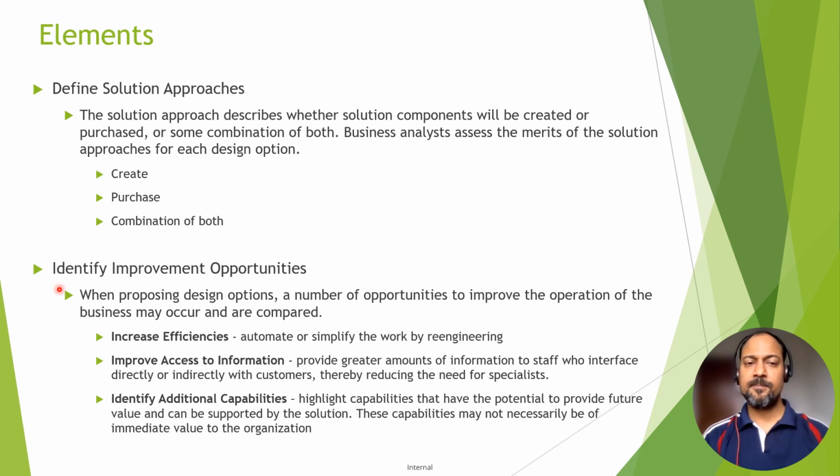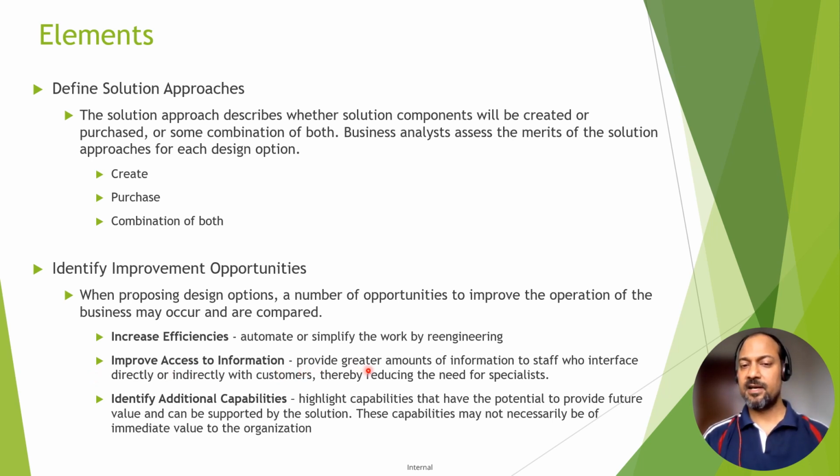So identify improvement opportunities. When proposing design options, a number of opportunities to improve the operation of the business may occur and are compared. So these are like increased efficiencies. What you are going to do is either you are automating or simplifying the work by re-engineering. You are improving access to the information.